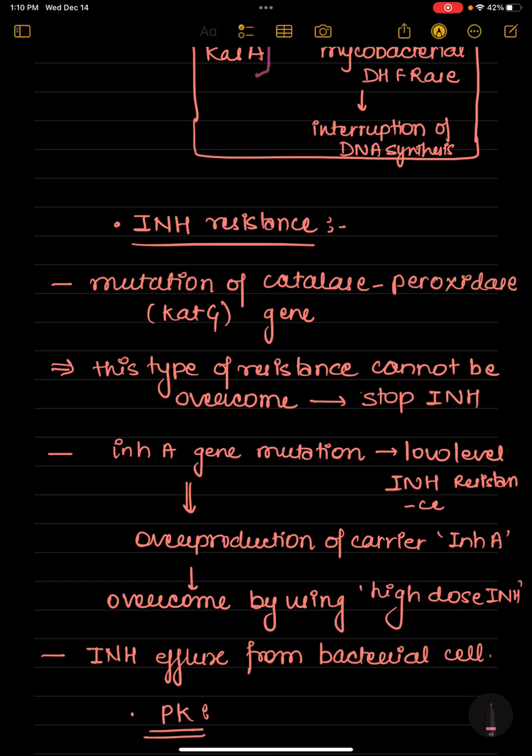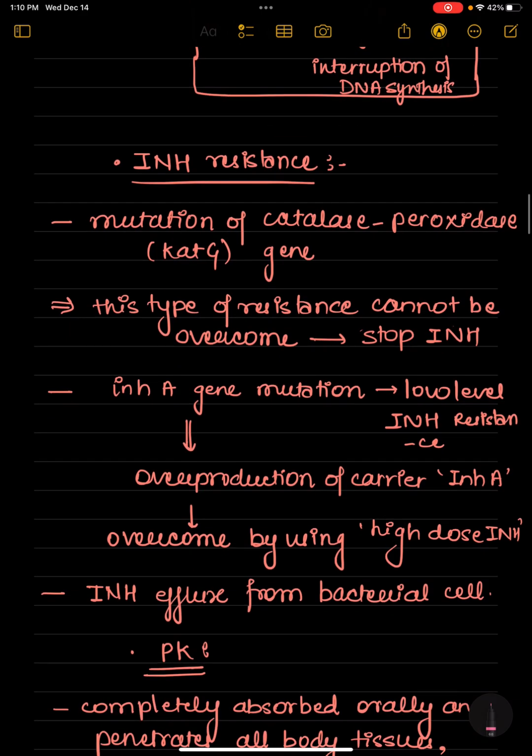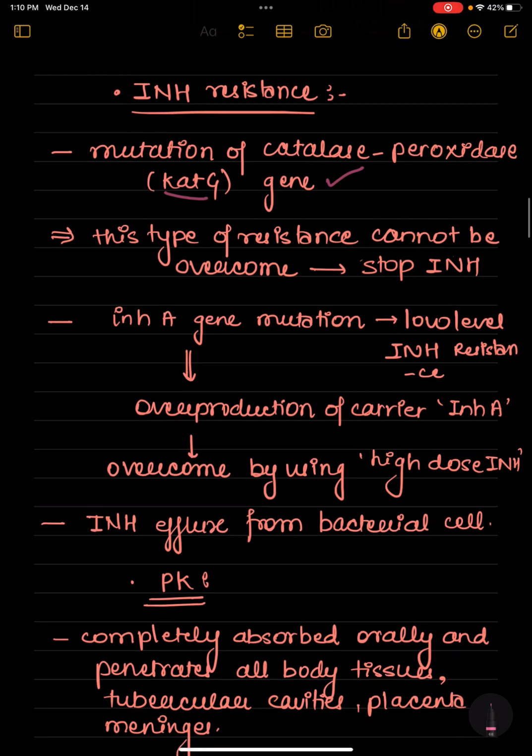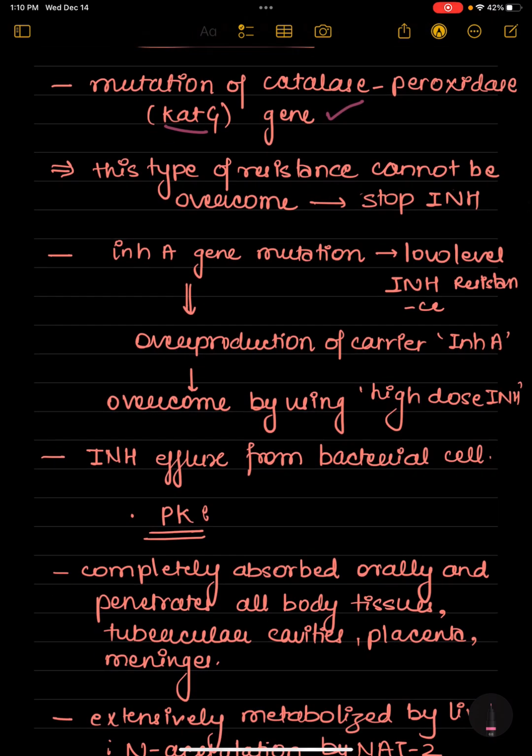How is isoniazid resistance produced? It is due to mutation of catalase peroxidase gene, that is KATG gene, and this type of resistance cannot be overcome by increasing the dose of isoniazid.